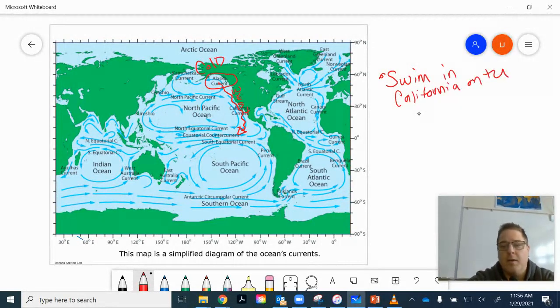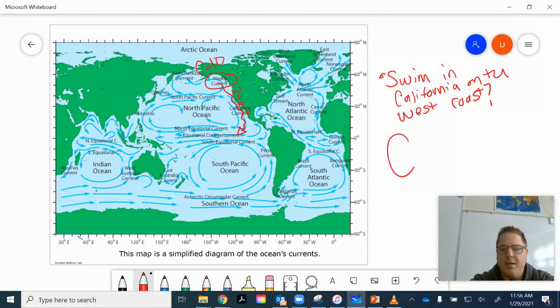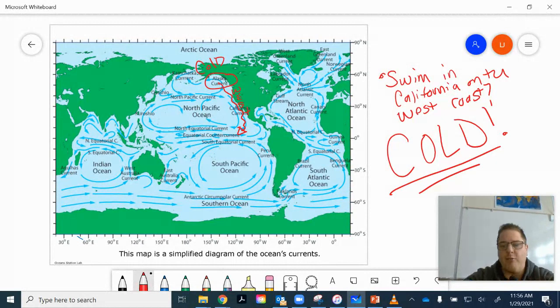On the west coast. What do you think it would feel like? Where's that water coming from? Well, it's coming from up here in the Alaskan area. So guess what? You're going to be cold when you swim in that water.